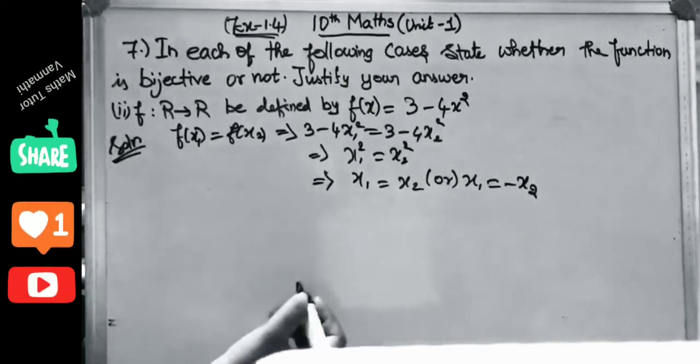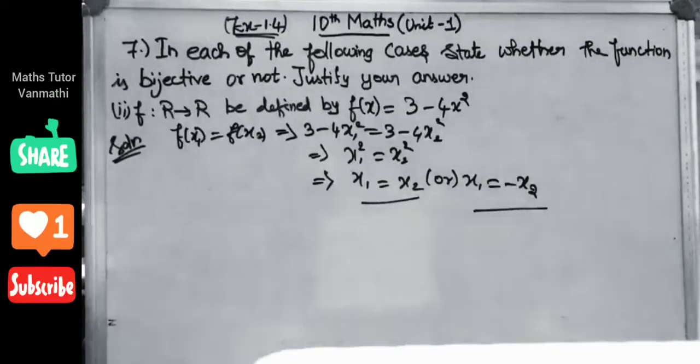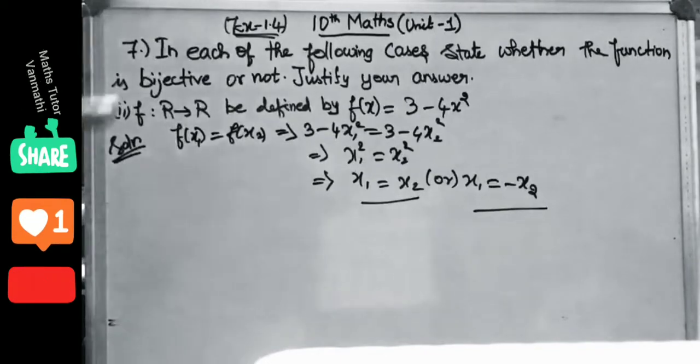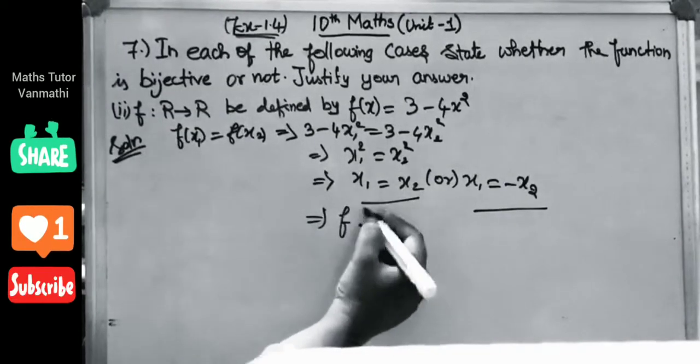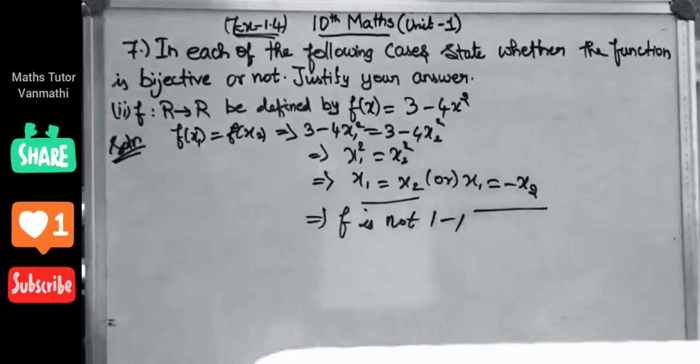These are the two conditions. For one value we are getting two images. Then from this we can say that f is not one-to-one.